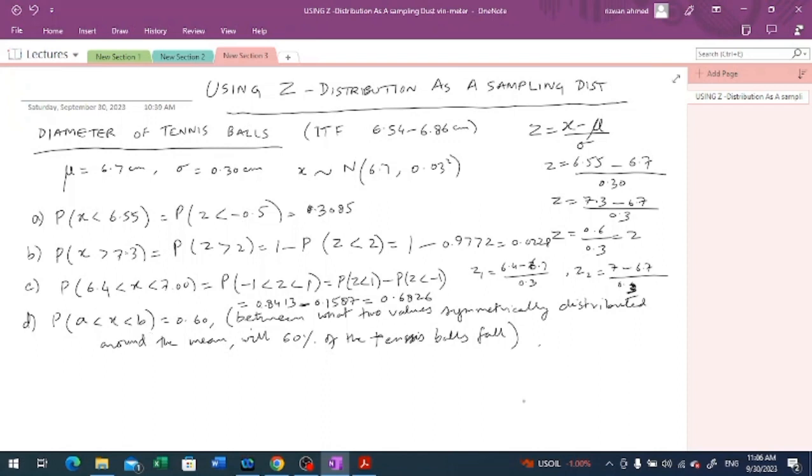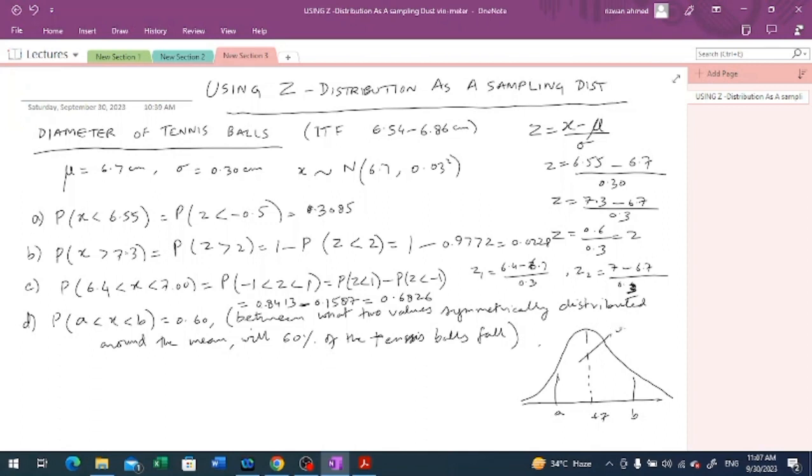So I'm going to draw this curve, and this is the mean line, which in our case represents 6.7. We don't have any information about this, but what we know is that between A and B this is the symmetric area of 60%.